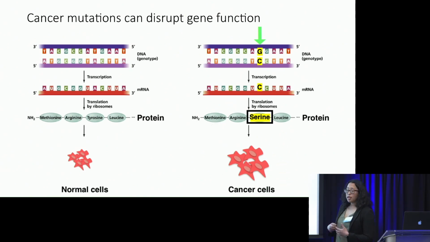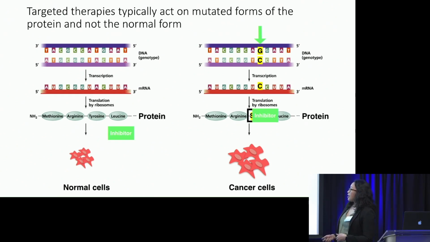And so in the case of, say, the EGFR gene, this is one example where there are mutations known to affect the protein. The mutation then leads to a difference in the protein sequence of EGFR. And these EGFR inhibitors are often inhibitors that target these cancer mutations. Ideally, we select inhibitors. These can be small molecule drugs.